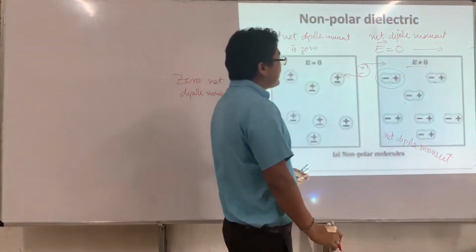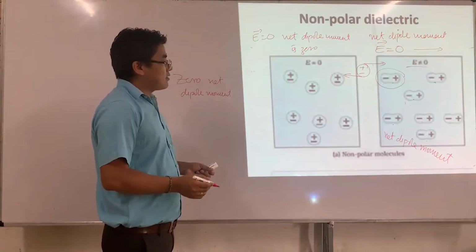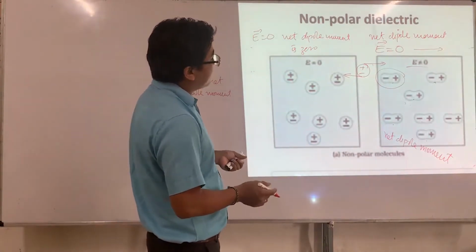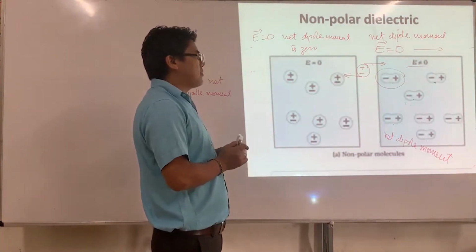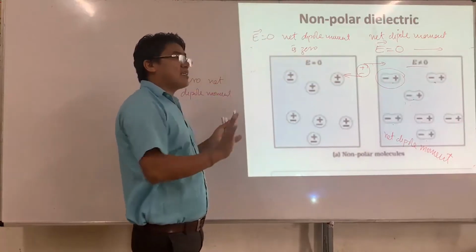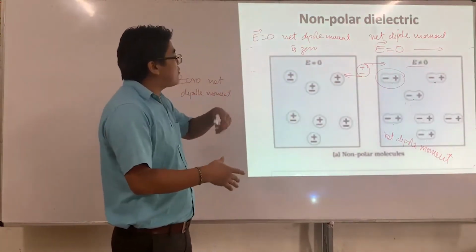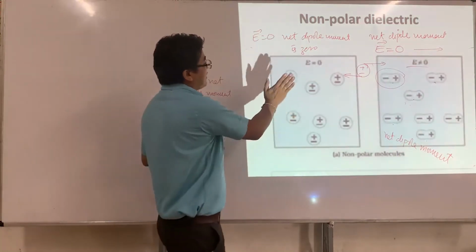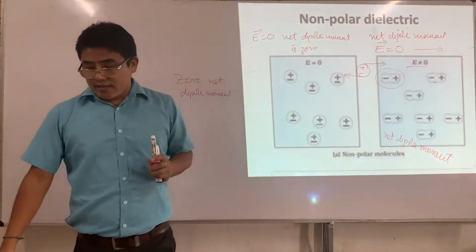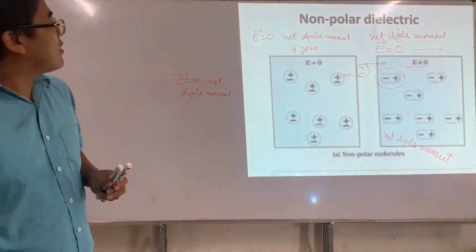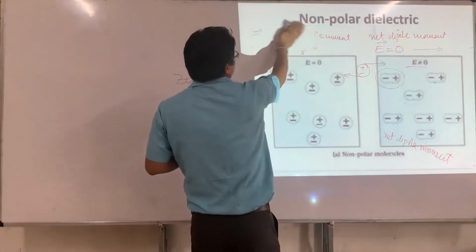This is the difference. The final part remains the same for both polar and non-polar. Initially, without applying an external electric field, for non-polar, each molecule has zero net dipole moment. So this is what I have.